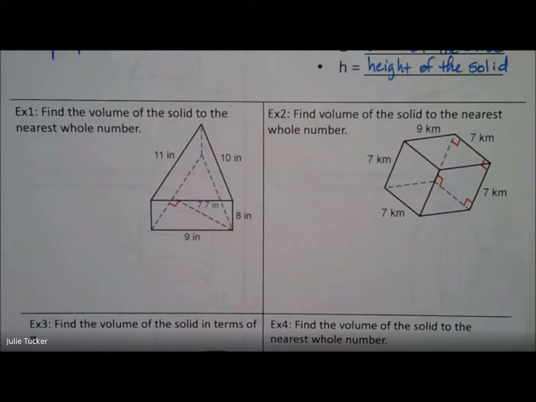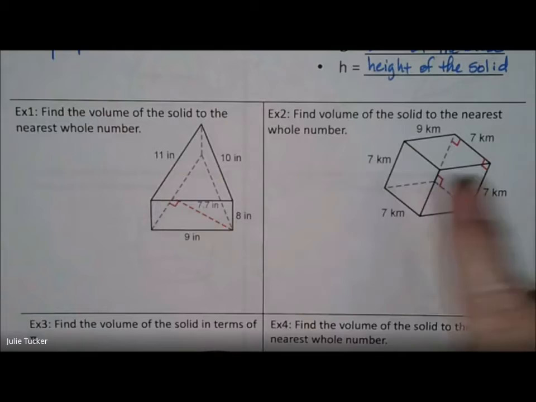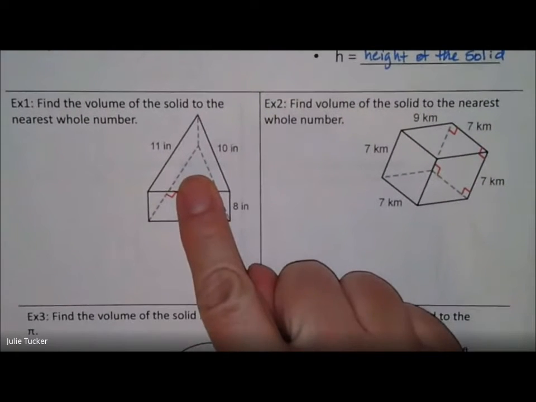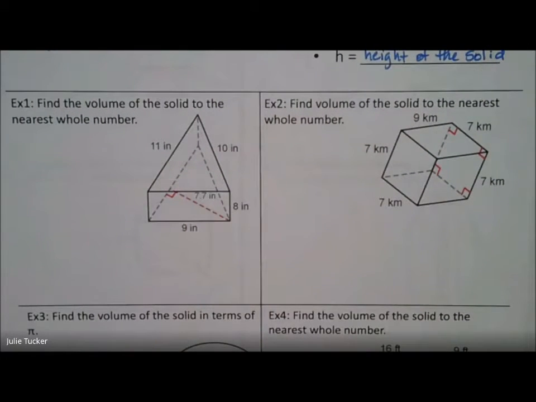So on example 1 there, can you figure out which of the faces on that solid is the base? What is the shape of the base on that? Yeah, it's a triangle.